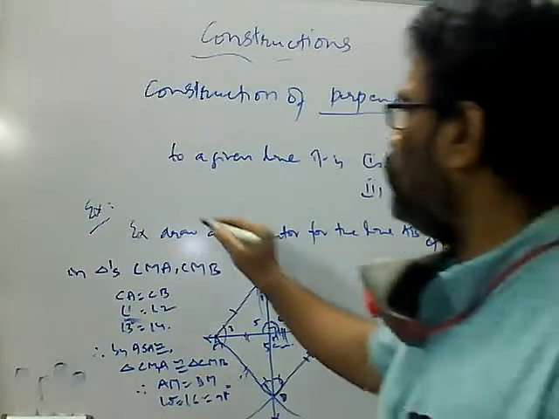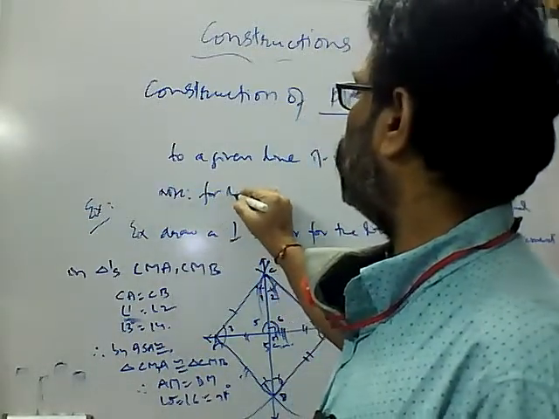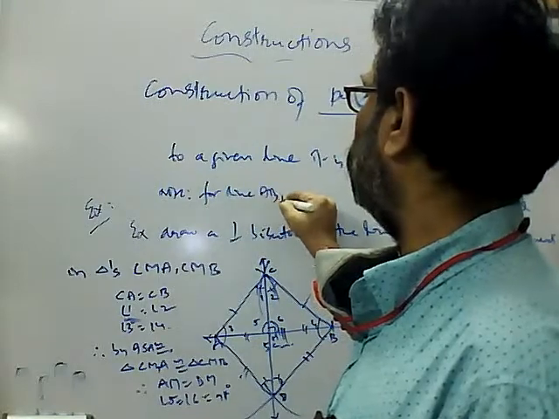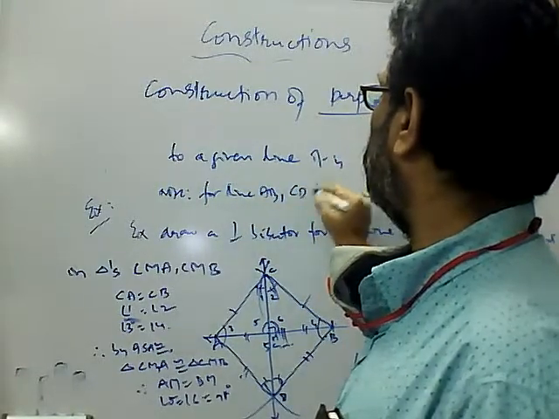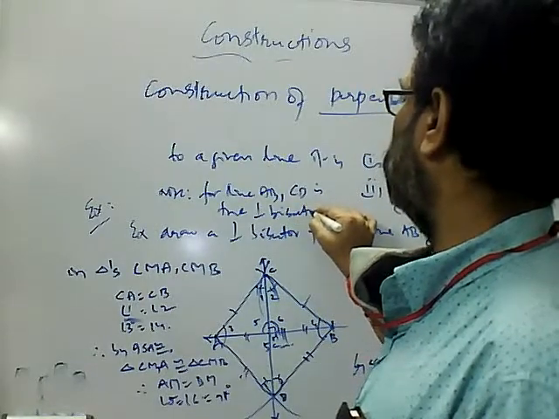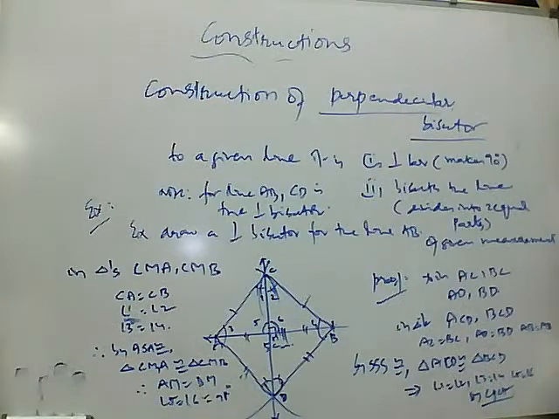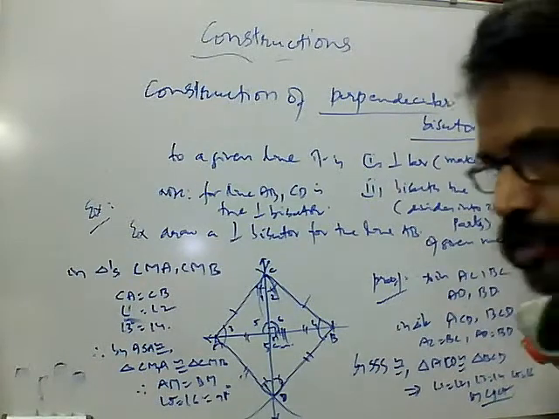So for line AB, CD is the perpendicular bisector. Noted, all of you understood now?